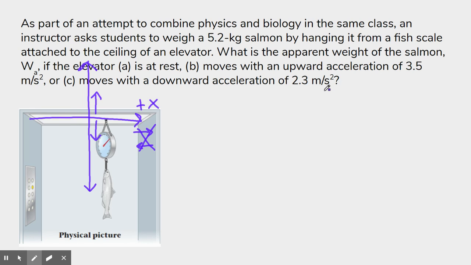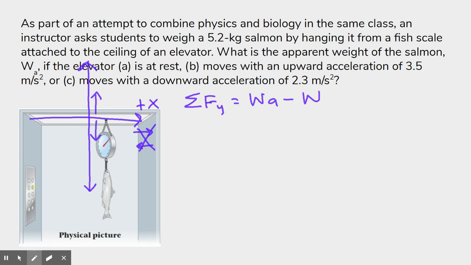So when we consider how to start this problem, let's think about all of the forces that are acting on this fish in the y direction. Well, this fish has an apparent weight and it also has an actual weight. So the sum of those forces in the y direction is going to be that apparent weight minus the actual weight.